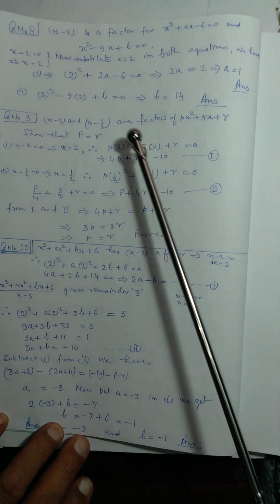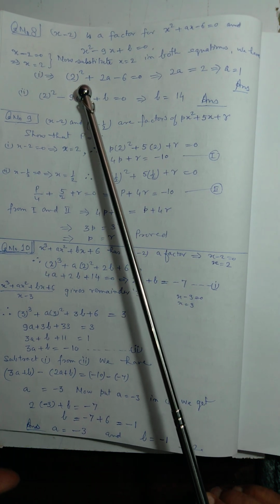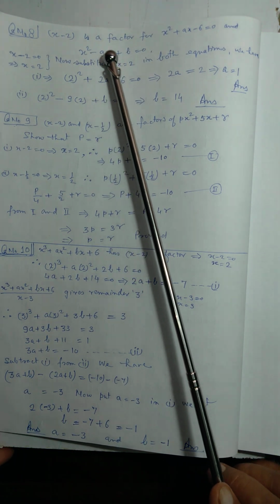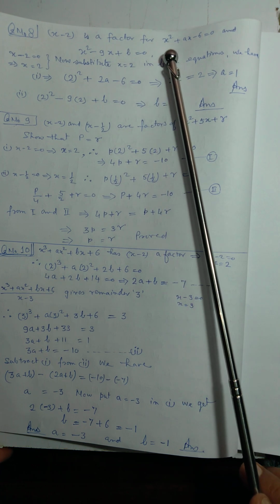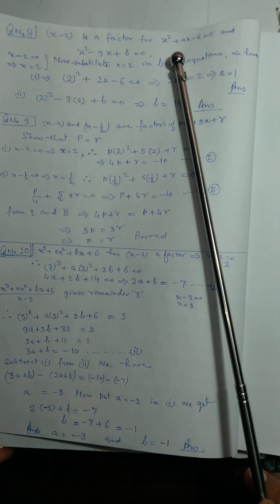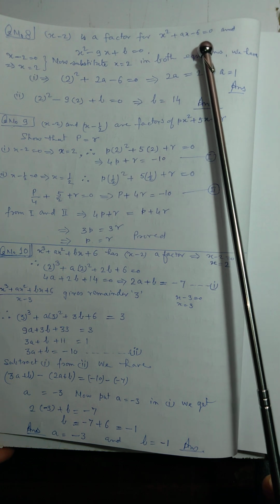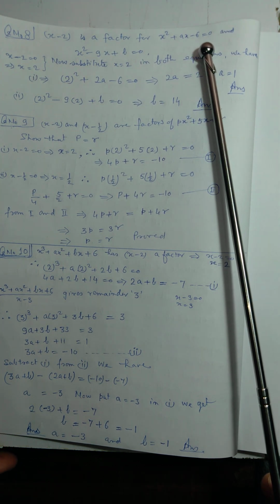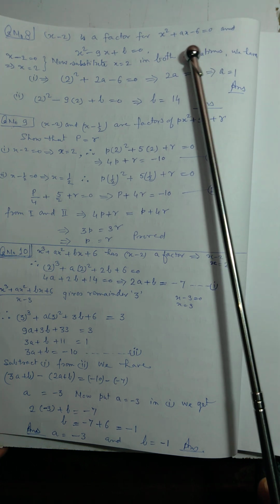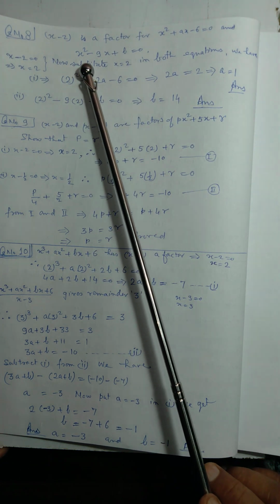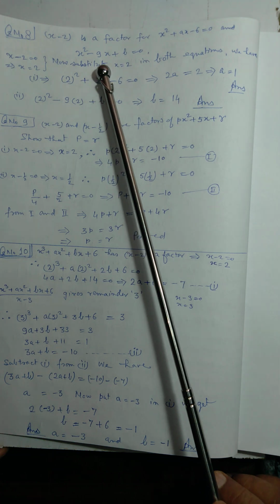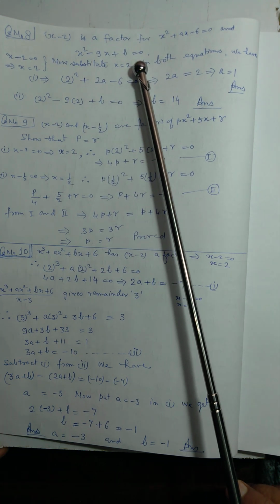You see here, x minus 2 is a factor for x square plus ax minus 6 is equal to 0 and x minus 2 is a factor of x square minus 9x plus b equal to 0.